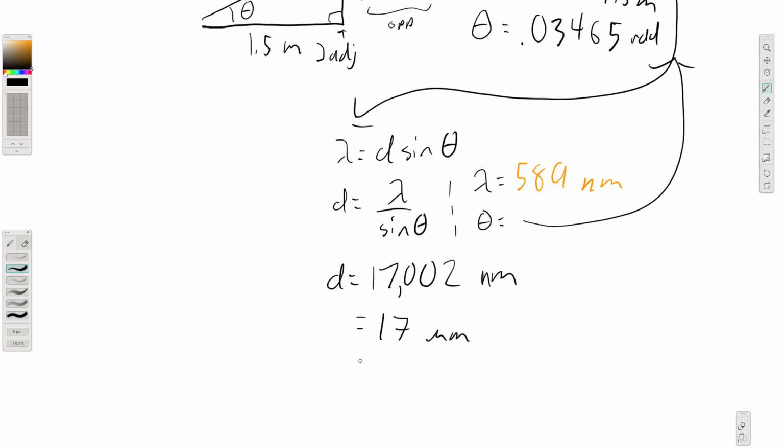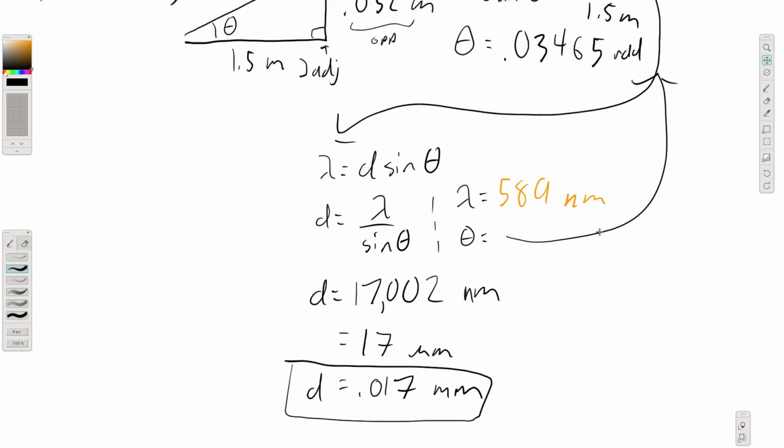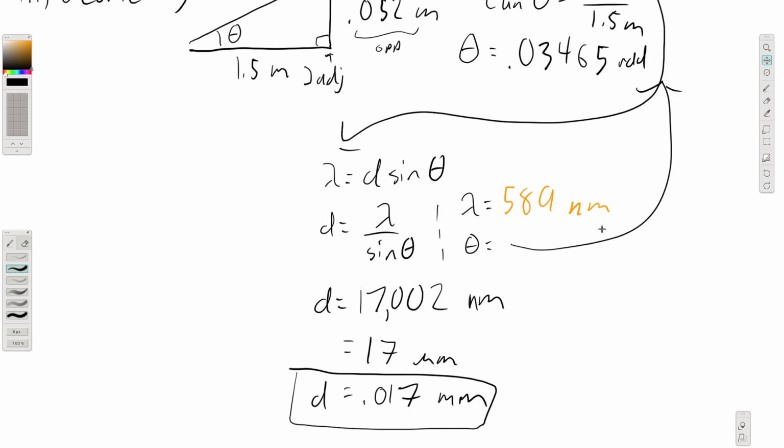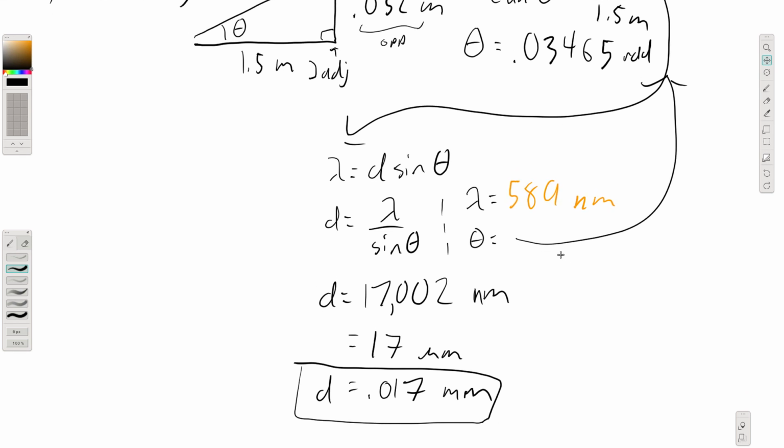It's just 3 powers of 10, but 0.017 millimeters, which is a little more familiar. This is pretty tiny, pretty hair width. Small slit separation generally corresponds with a larger pattern separation, meaning that we can see really tiny things with relative ease. That's the benefit of this as an imaging technique, as we talked about with DNA.